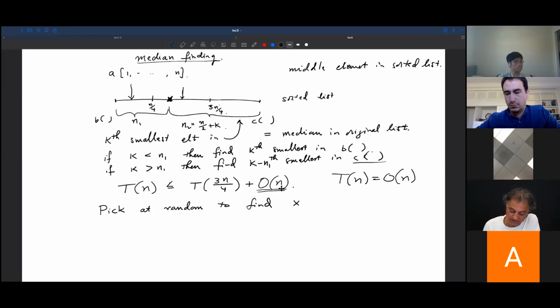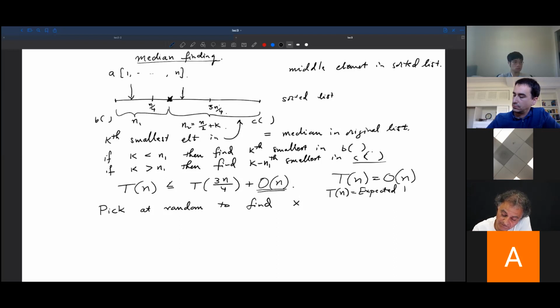And so if we let t of n instead be the expected time to find the kth smallest in an n element array, then I claim that this still satisfies the condition that the expected time is going to be linear.